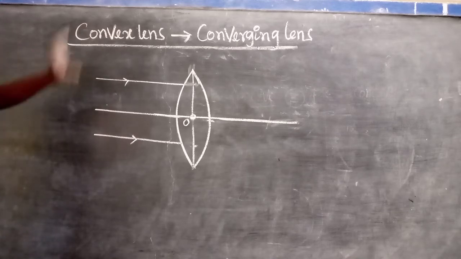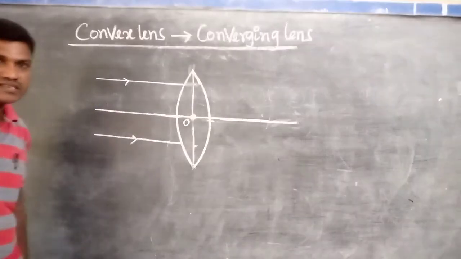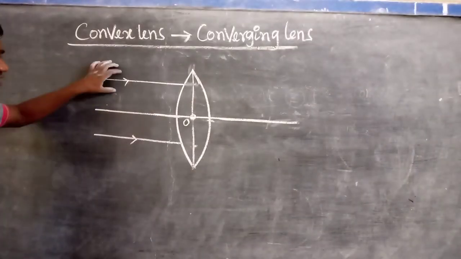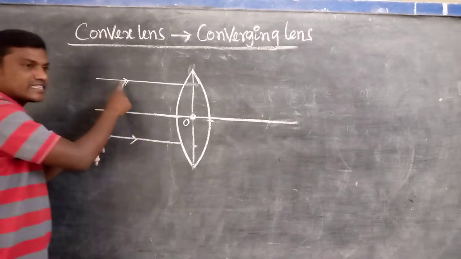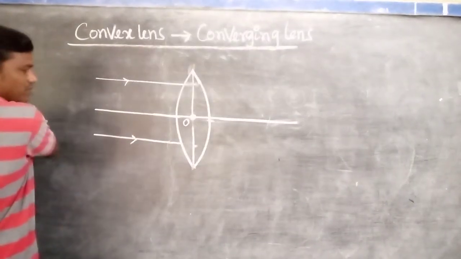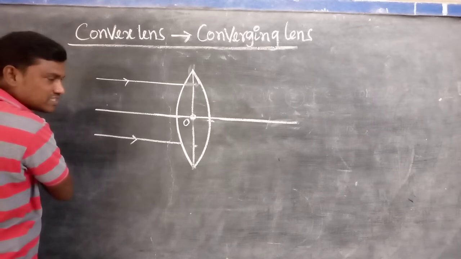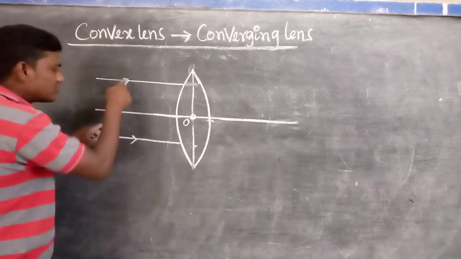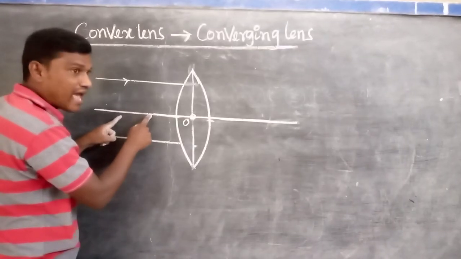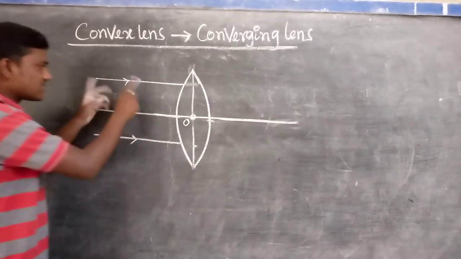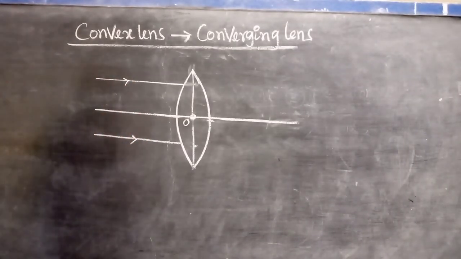If the rays are coming from a distant position of the object, we always consider the rays parallel to the principal axis. These two rays are coming from infinity, and they are parallel to the principal axis.